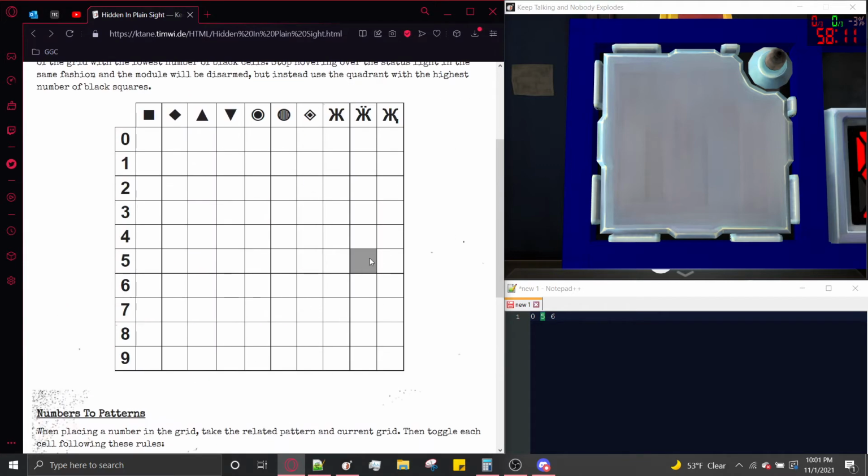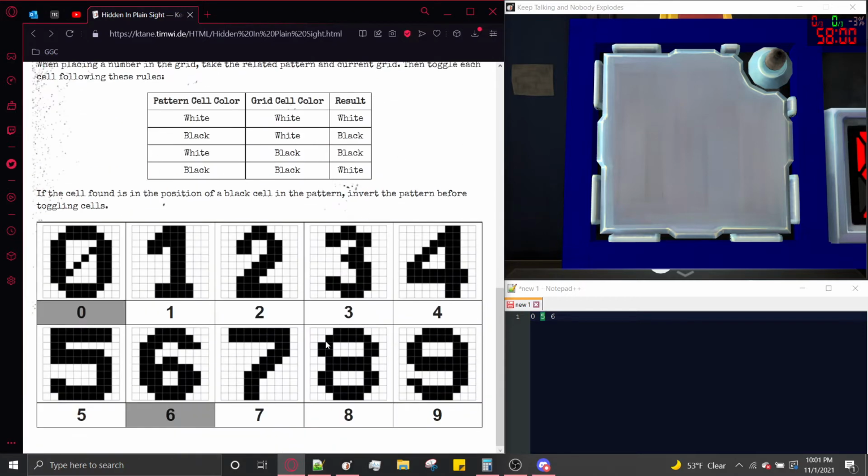However, we need to take note of the cell we found in the previous step. So for this, we have India 1, 2, 3, 4, 5, 6, India 6. We cross-reference this with the patterns. So India 6 is black for the 0, and white for the 6.